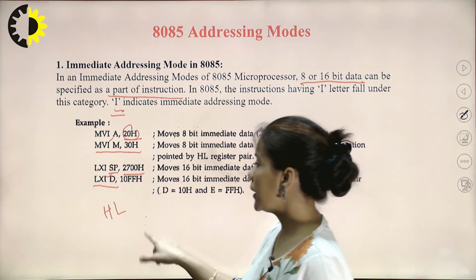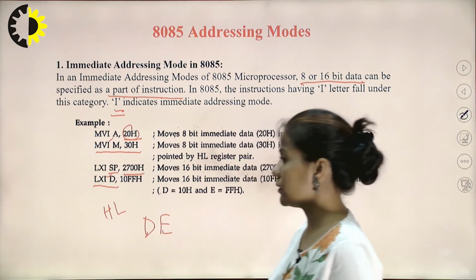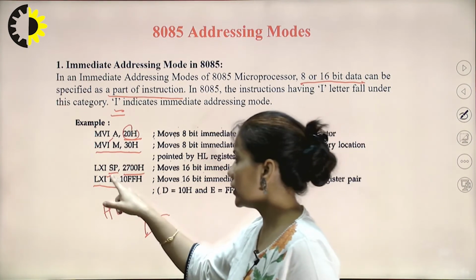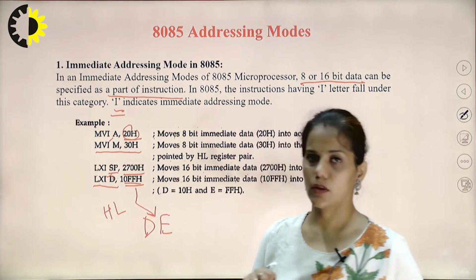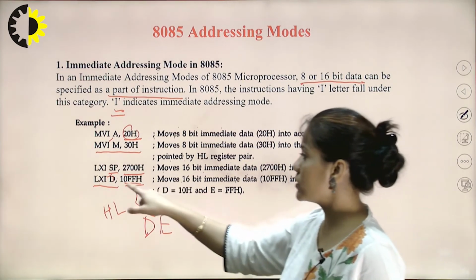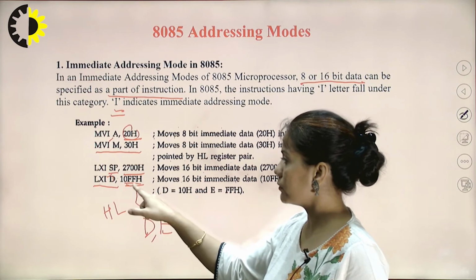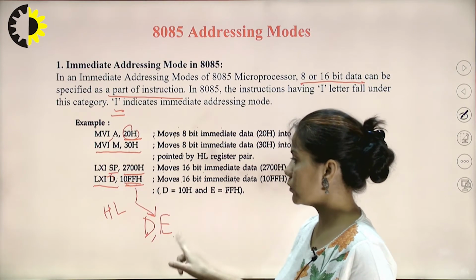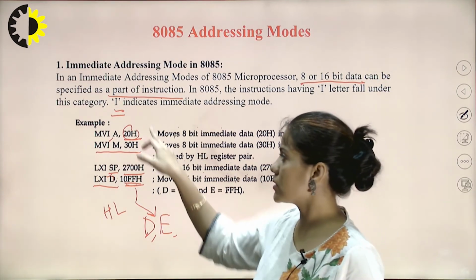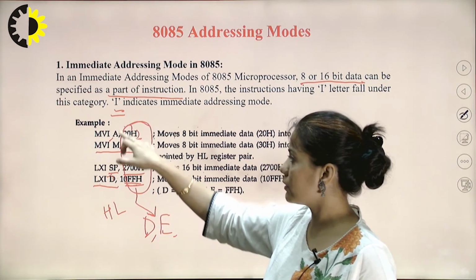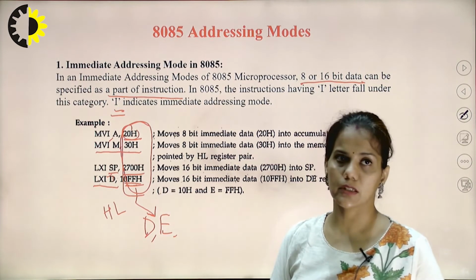It means the DE register pair I am talking about. In the DE register pair, this content 10FF will be copied. So 10 will go to D, the higher order register, and FF will go to E, the lower order register. In all these instructions, these immediate contents are present in the instruction itself.